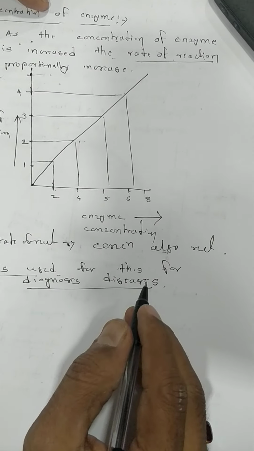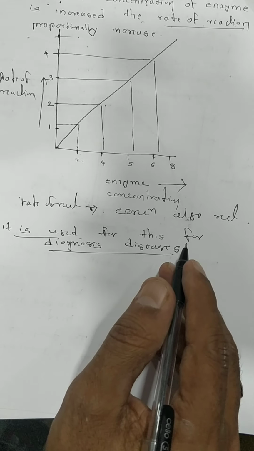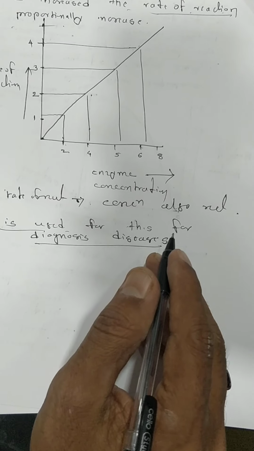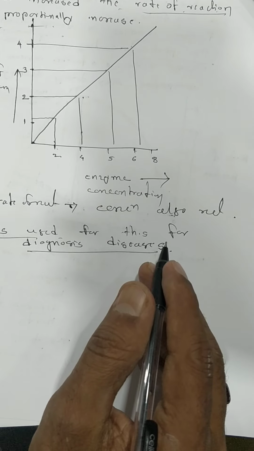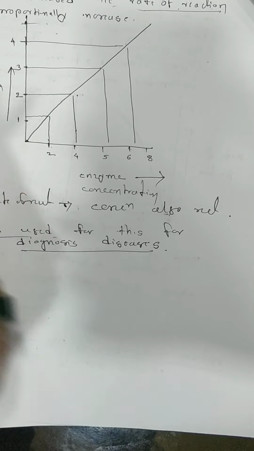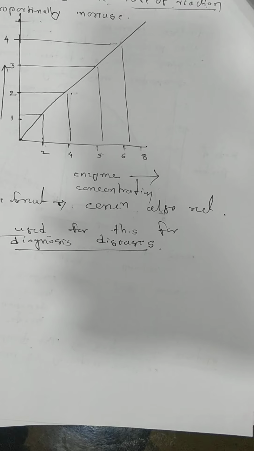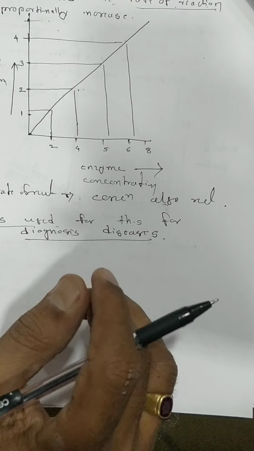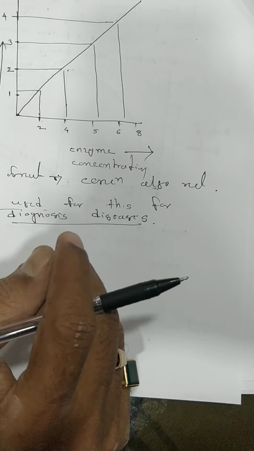Now these factors affecting enzymes are over. These are the 6 factors. In the previous lecture you studied the remaining 4: substrate concentration, effect of pH, effect of inhibitors and effect of activators.